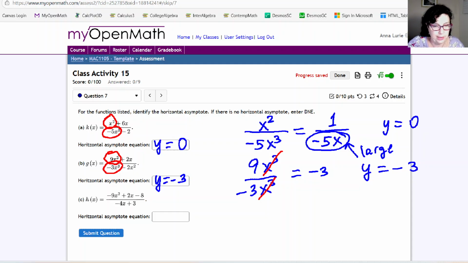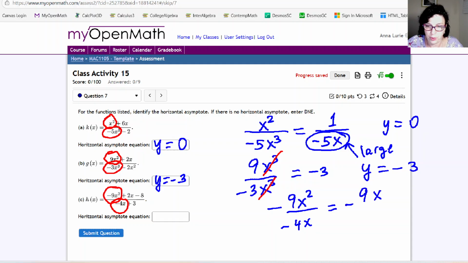Now, for the last example, this is where we have that slanted thing. Why is that happening? Here again, the only thing that matters is the largest powers. So you're going to get negative 9x squared divided by negative 4x. Well, one of the x's, the one on the top, can be canceled, but the other one is still going to stay there, right?